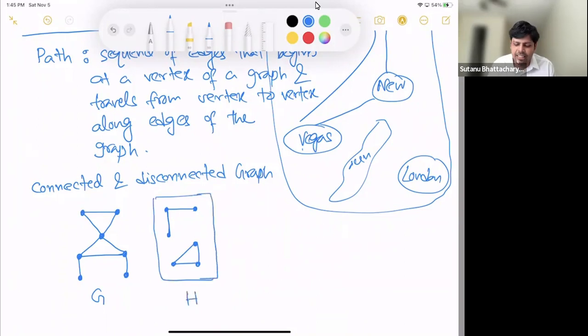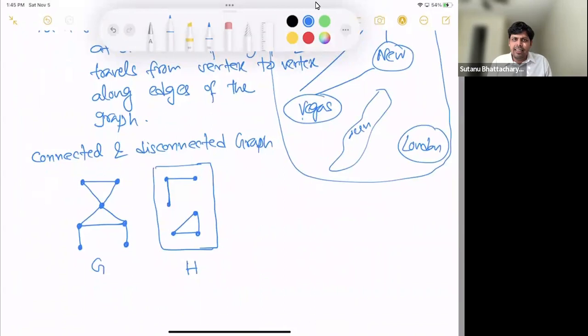Suppose this is called H. Now see, in G, there is a path between any pair of vertices. You may think this is one vertex, this is another vertex. Choose any two vertices, there should be one path. For these vertices, there is a path like this. There are many other paths. So this is an example of a connected graph.